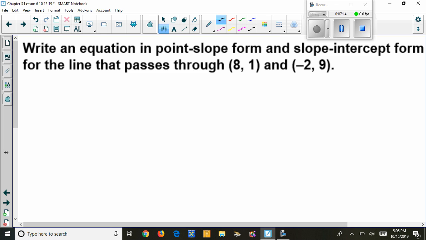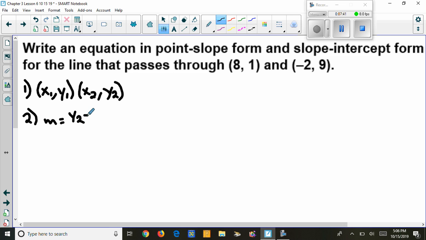And this is going to be a bit of a process, but here's how I would like you to approach this. First, I would like you to label your x1 and your y1, then your x2 and your y2. We will need that because our second step will be to find our slope using the slope equation.